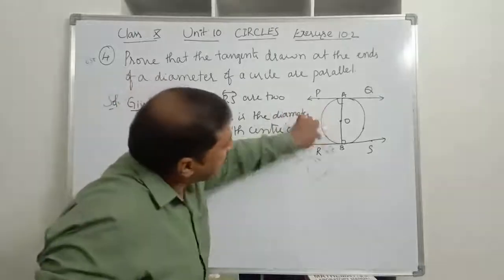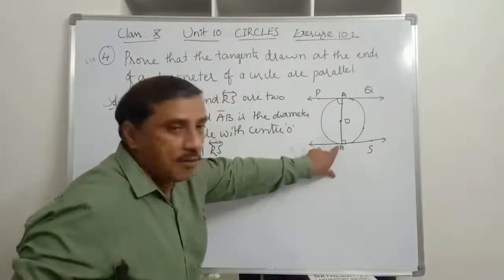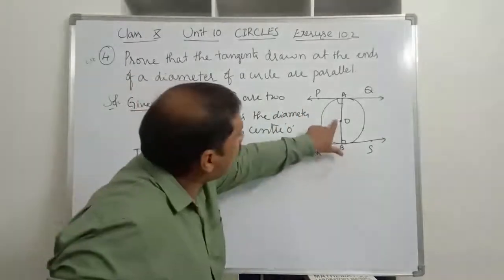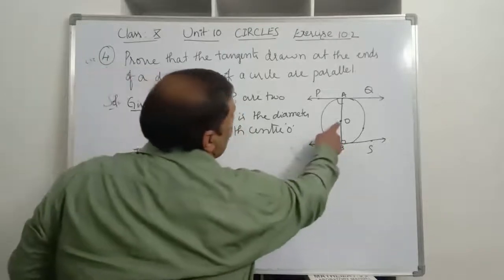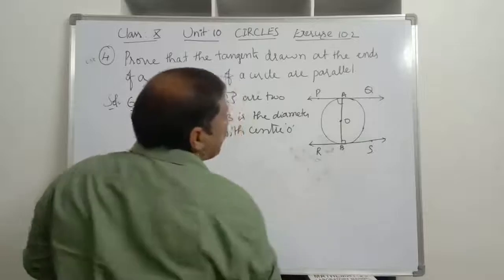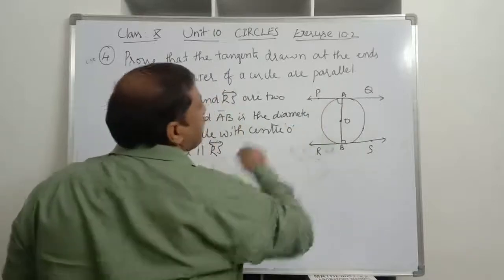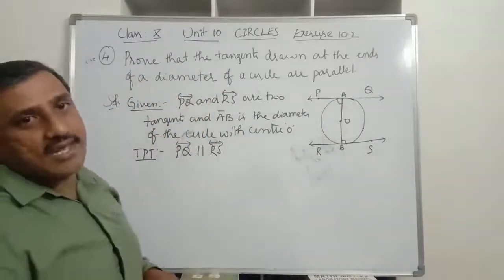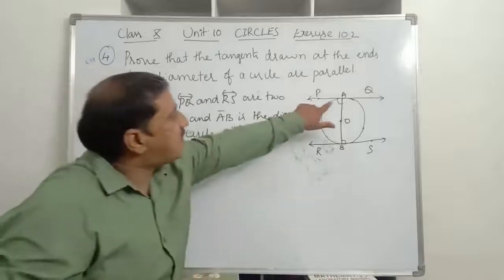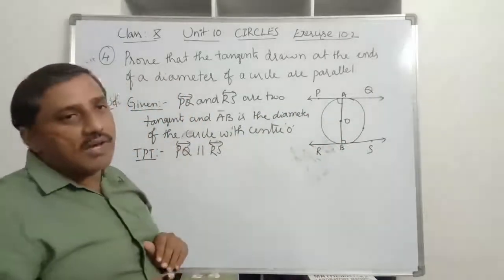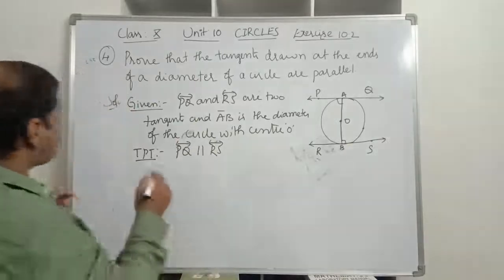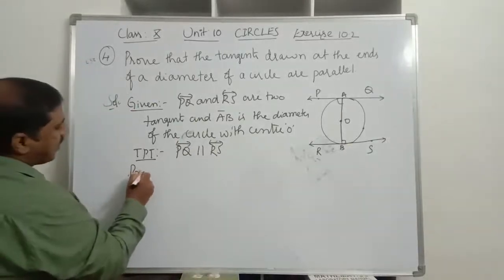Here OB is perpendicular to RS at point B, therefore angle OBS is 90 degrees. Similarly, OA is perpendicular to PQ, therefore angle OAP is 90 degrees. These two are alternate interior angles. Therefore, PQ is parallel to RS.